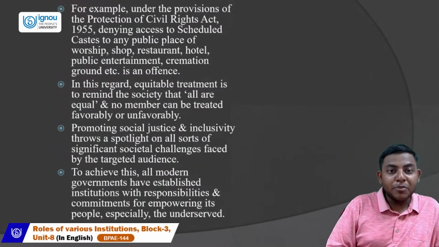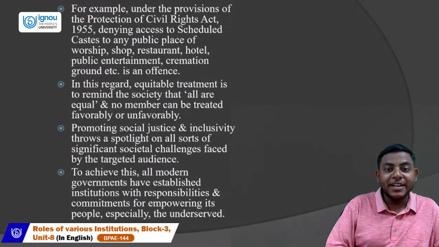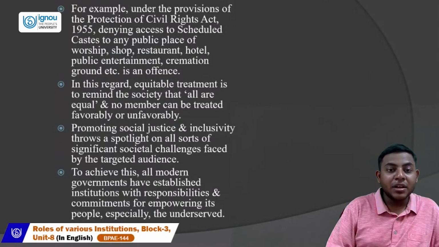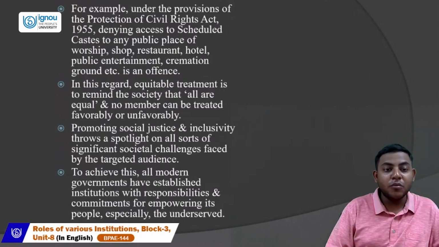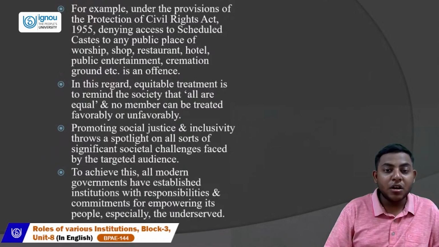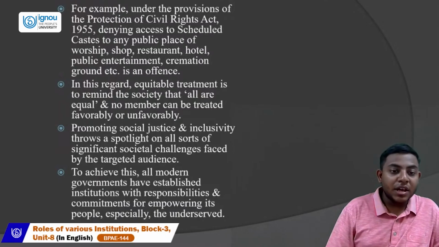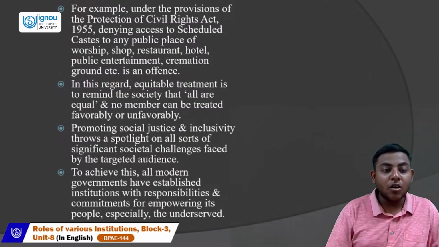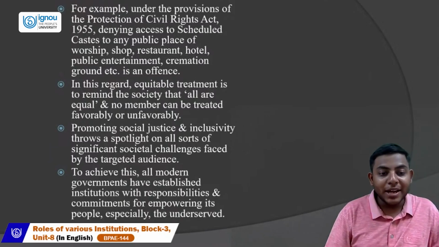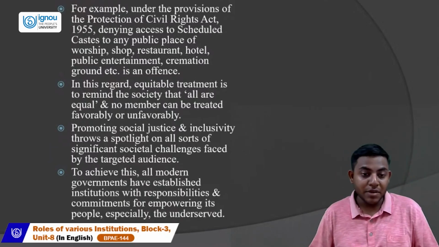For example, under the provisions of the Protection of Civil Rights Act 1955, denying access to scheduled castes to any public place of worship, shop, restaurant, hotel, public entertainment, cremation ground, etc. is an offense. In this regard, equitable treatment is to remind the society that all are equal and no member can be treated favorably or unfavorably.